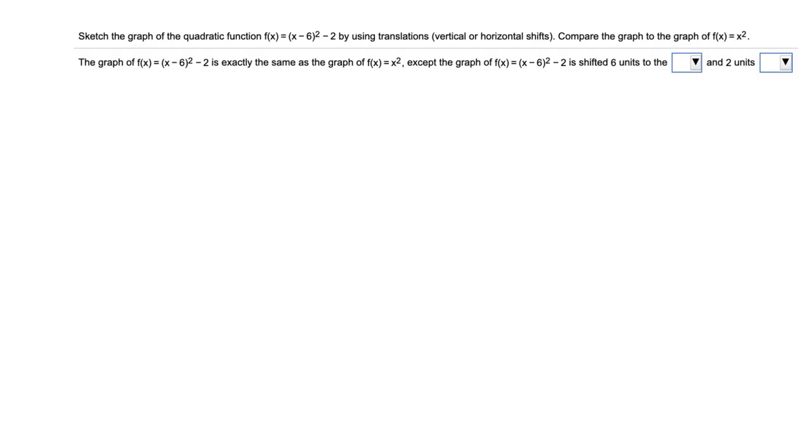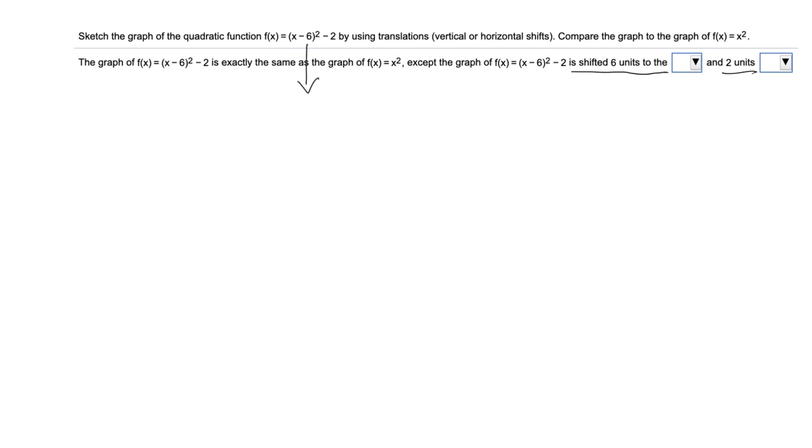This is similar to the other question about transformations. It says sketch the graph. Obviously, there's no graph to sketch on here, but essentially what we're doing is moving the vertex of the x squared function, which is a parabola. It says the graph of f of x is exactly the same as the graph of x squared, except we're shifting 6 units somewhere and 2 units somewhere.